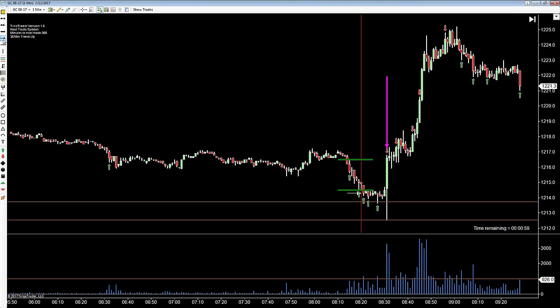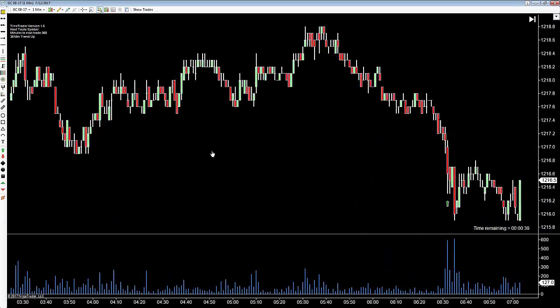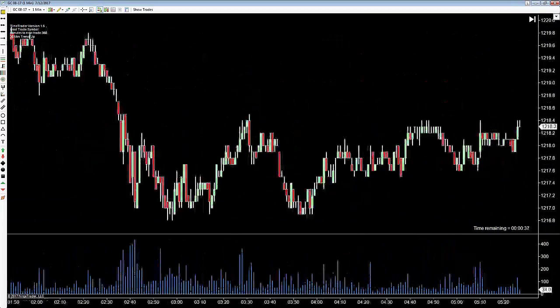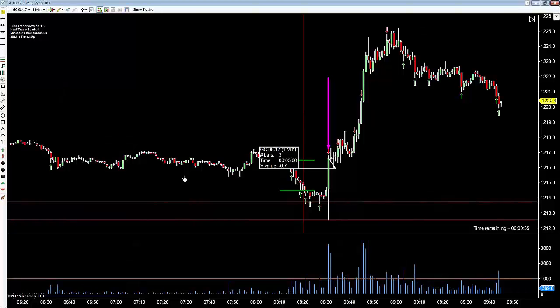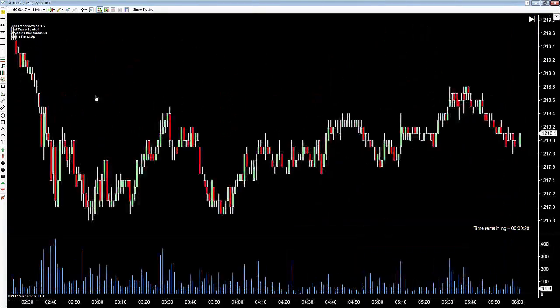It goes all the way back up. Would have gotten at least a 3 and a 5 on that for a target for the short. Went down 7, so that was decent there. In the morning, probably a losing trade.